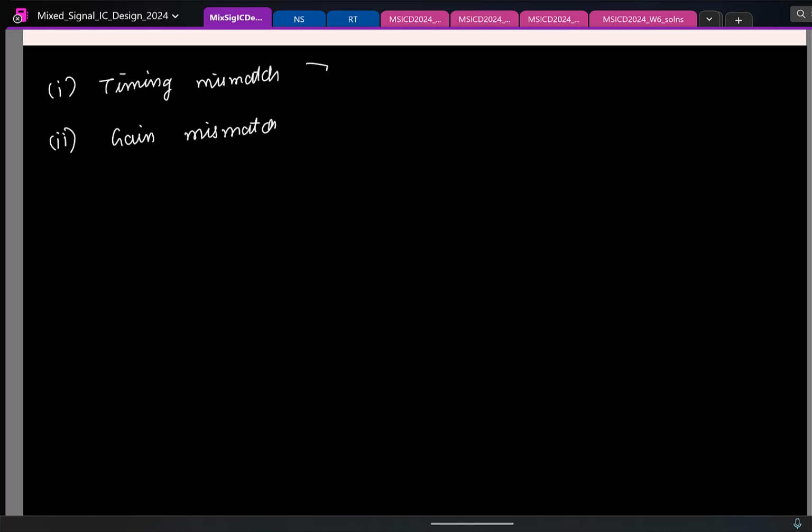If you have either of these, you will have these interleaving images at k fs by n plus or minus fin, for k going from 1 to n minus 1. So again, let's see in practice how this is tackled. So let's start with the timing issue.